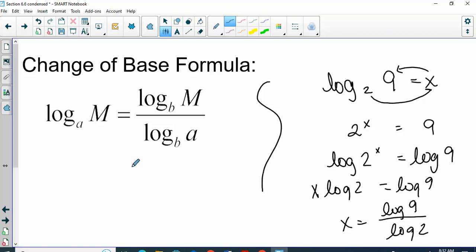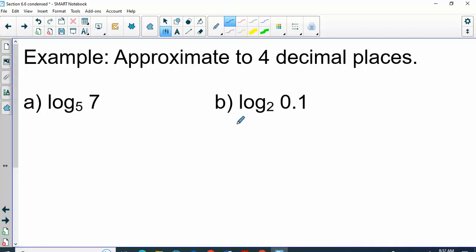Right? So let me show you the minimum of what you would have to show me on one of these problems in order to get credit. If I ask you to approximate this to 4 decimal places, I want you to use the change of base. So you have to write the line with the change of base formula. So you could set it equal to x and do the whole process, or you could just say, okay, I remember that's log of the argument divided by log of the base.